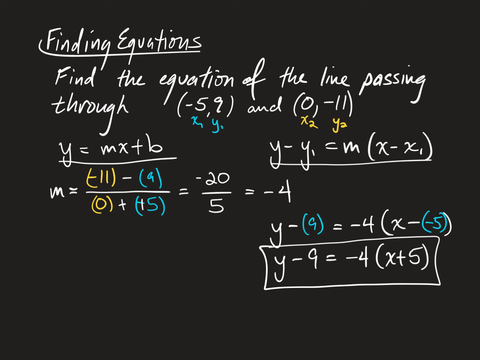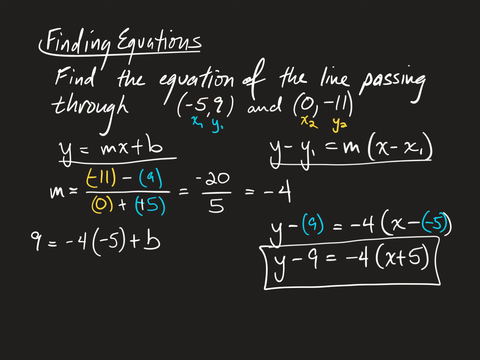So let's see, I will have 9 equals, the slope is negative 4, times the x value is negative 5, plus b. So again, the y value I took from this ordered pair, the m we found here at negative 4, and the x value I'm taking from that same ordered pair where I got the y, so negative 5.